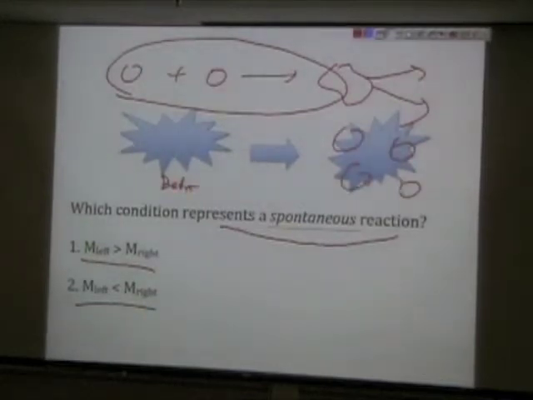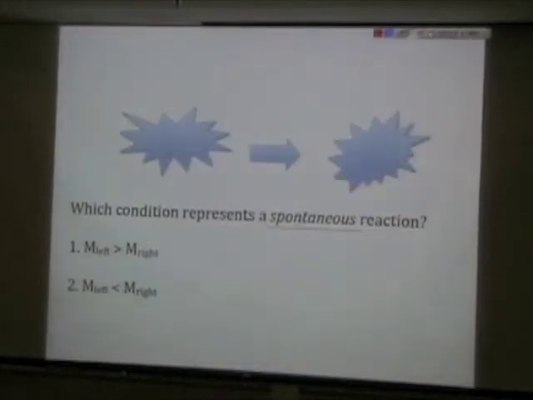Here we might have some elements and we can add up the rest masses for each particle. So that's what we call the mass after the reaction. Which one of these two conditions is true for a spontaneous reaction?